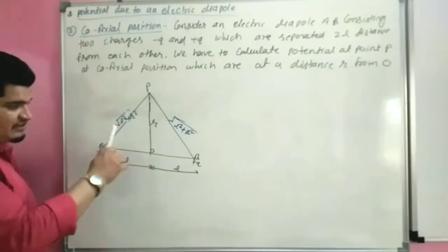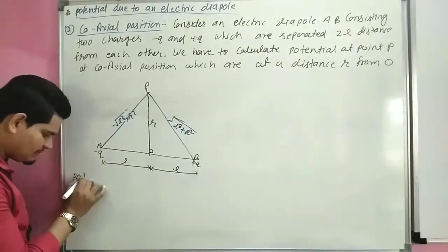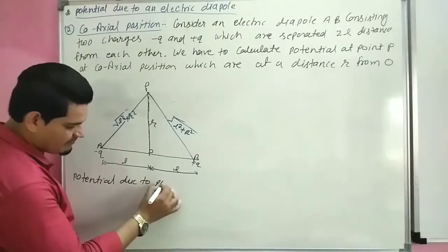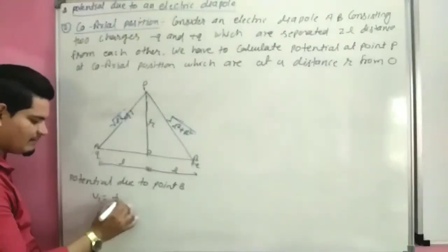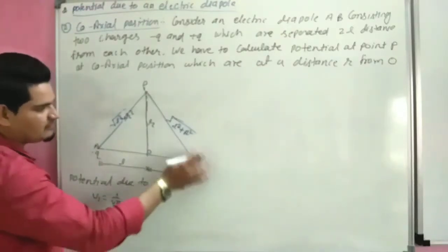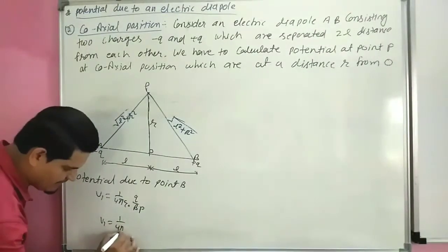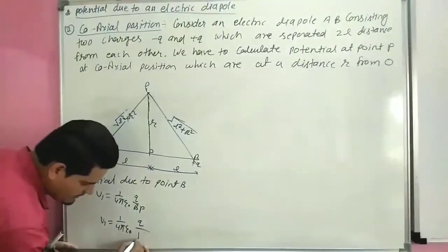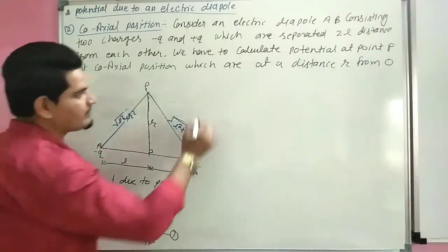Now we have to calculate the potential due to point A and due to point B. Potential due to point B: V1 is equal to 1 upon 4 pi epsilon naught, plus Q, divided by distance BP, which is under root L square plus R square. This is equation 1.